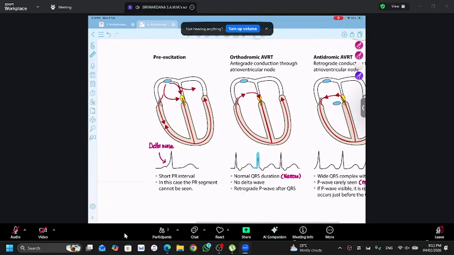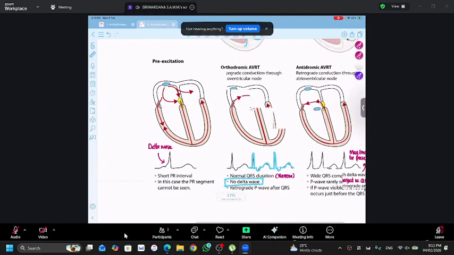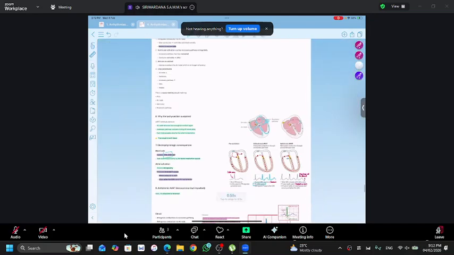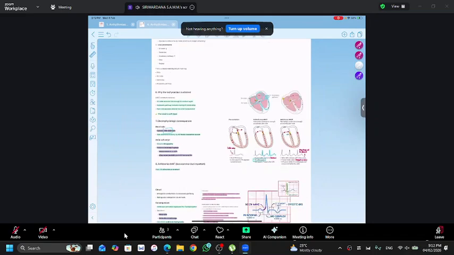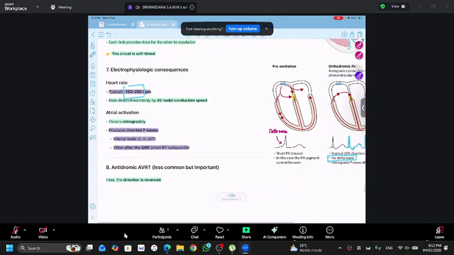So you have the QRS complex running along like this and then an inverted P, then the T. That is how the pattern goes. There is no delta wave. So that is the ECG pattern you will get in orthodromic AVRT: an inverted P wave often after the QRS complex.